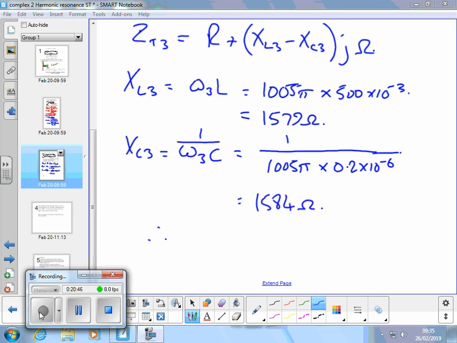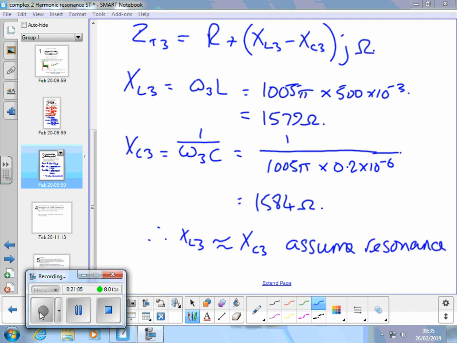Therefore, XL3 is approximately equal to XC3. Assume resonance.